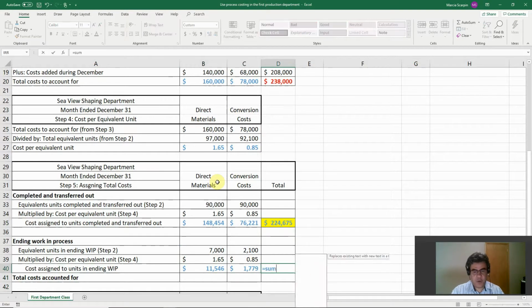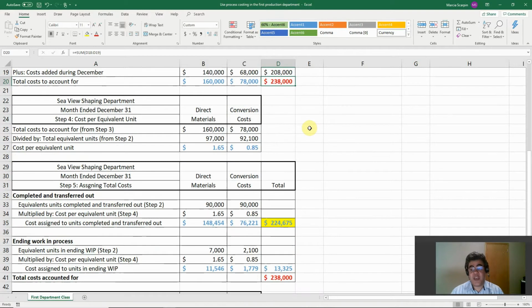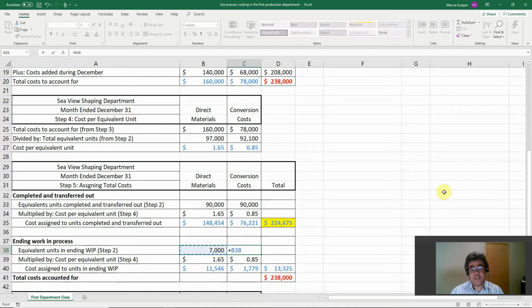The total, you combine. And then the total costs, we combine completed plus work in process, 238. The same 238 here. This is how we check if our work is right or wrong. If I work here with the same number of 7,000 for conversion costs, then our numbers will not match anymore. So that's why we need to take the conversion costs.